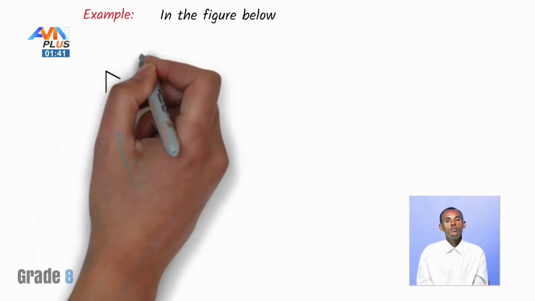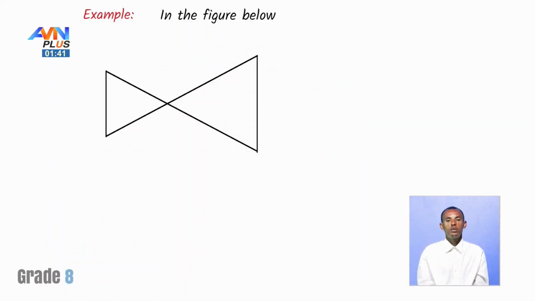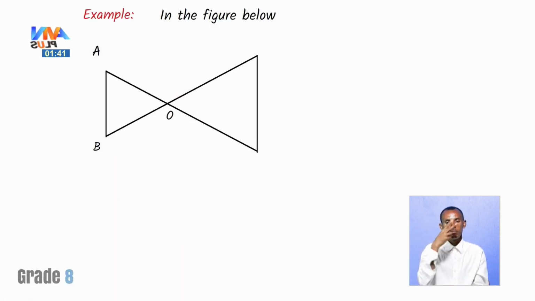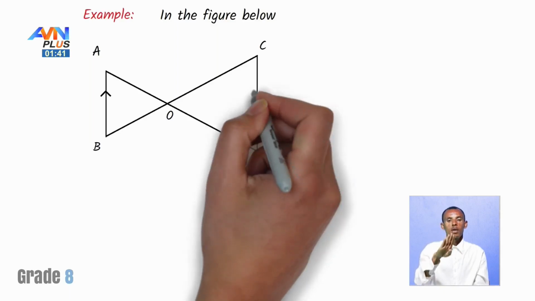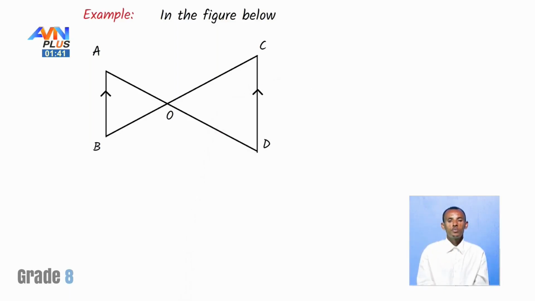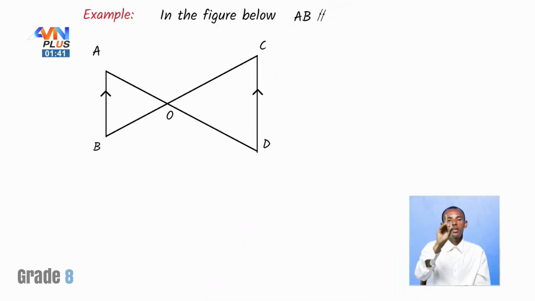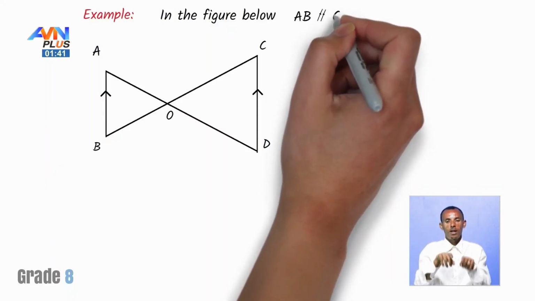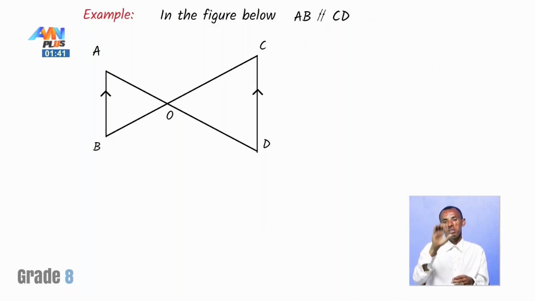In the figure below, say the figure is like this. Say this is A, B, O, C, D. Assume AB is parallel to CD. Okay, so in this figure, it's given that AB is parallel to CD. You can call it CD or DC. It talks about the same line segment.